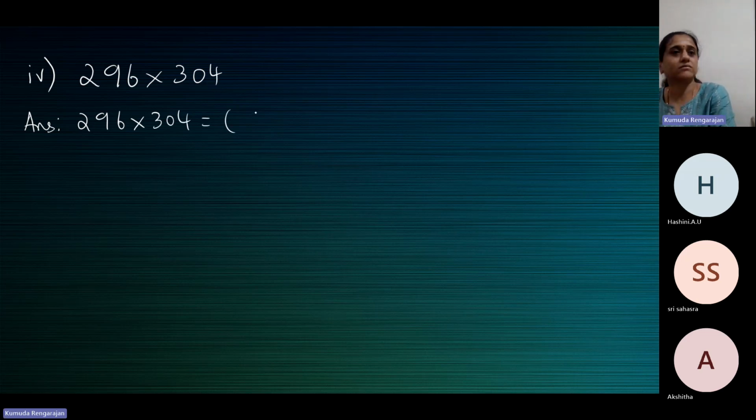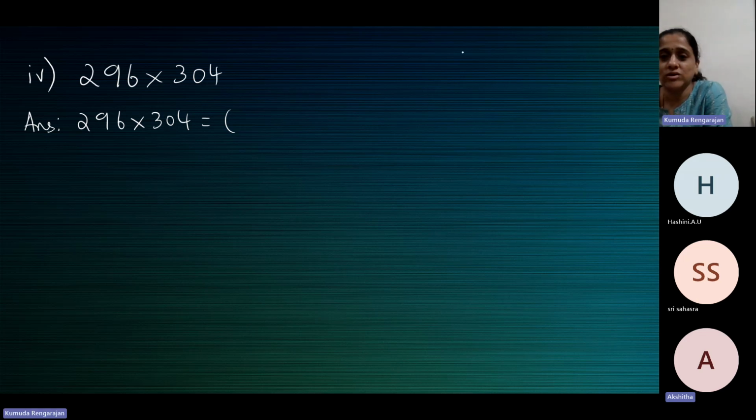How do we write this? Online children, Akshita, answer this: 300 minus 4 into 300 plus 4. My question is for a particular student. Akshita, what's the number between 296 and 304?